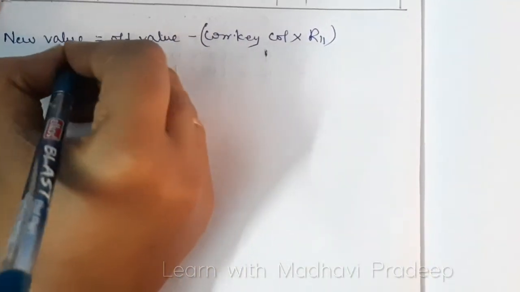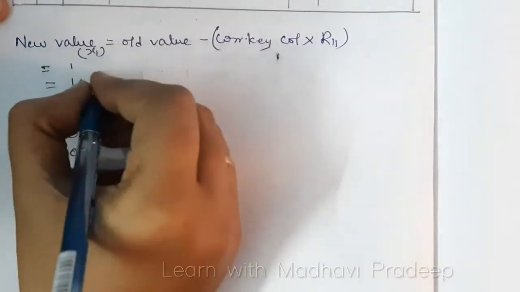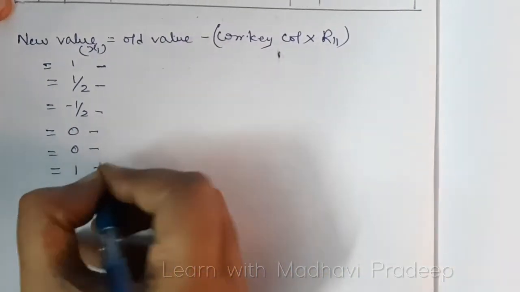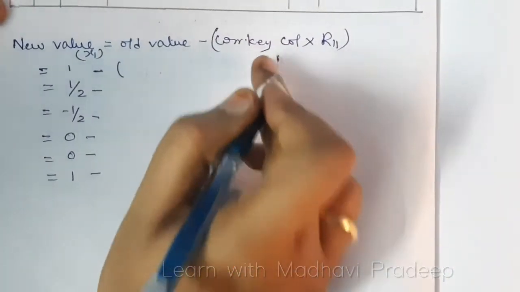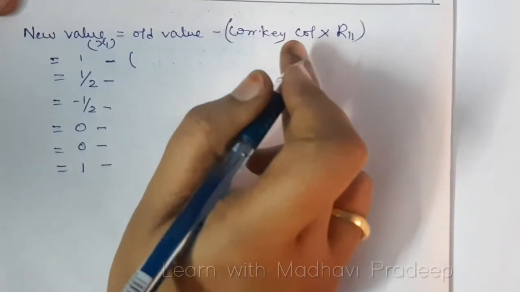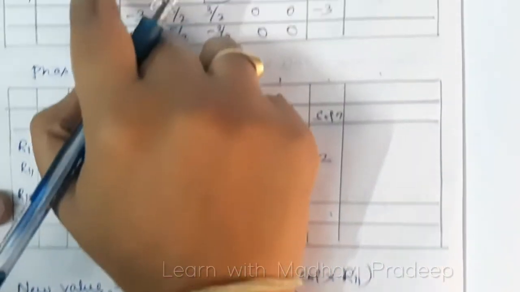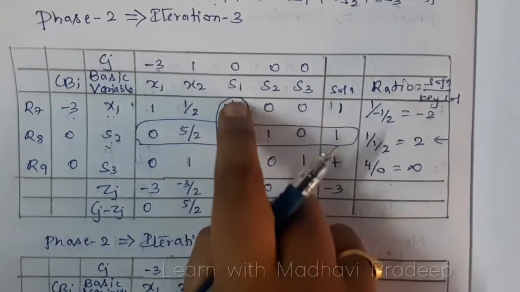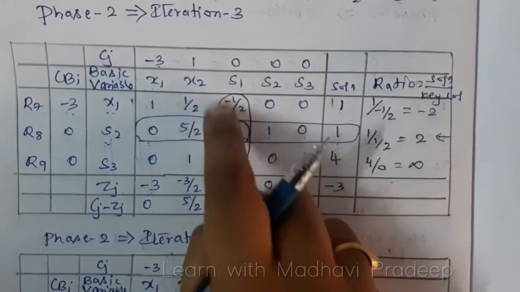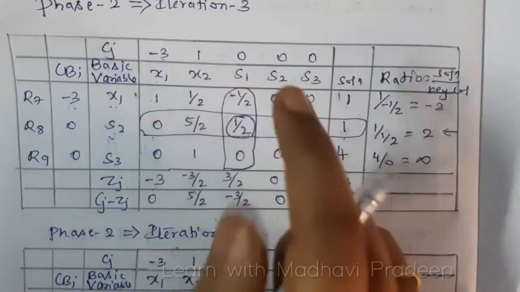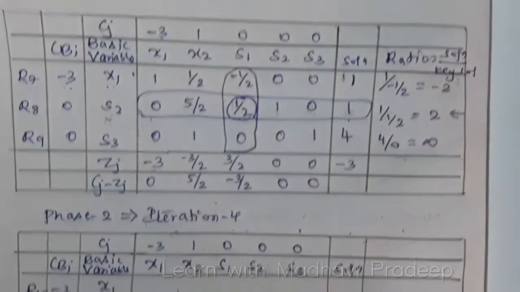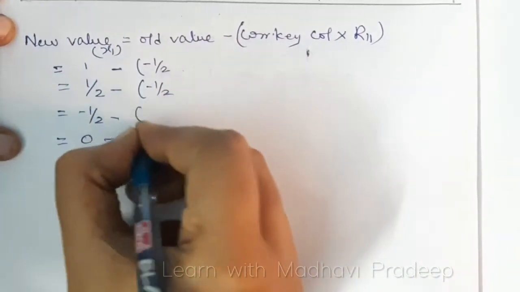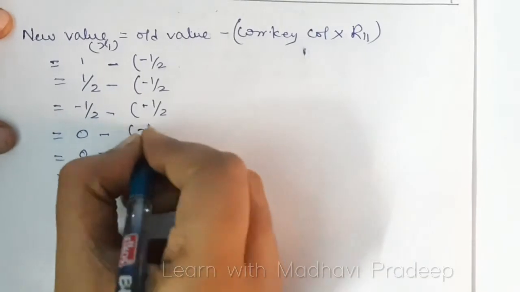Then minus, as in the formula, the corresponding key column value for the x1 row. Observe that in this row the corresponding key column value is minus 1 by 2, because minus 1 by 2 is selected in the key column for this row. So write minus 1 by 2 for all the values.